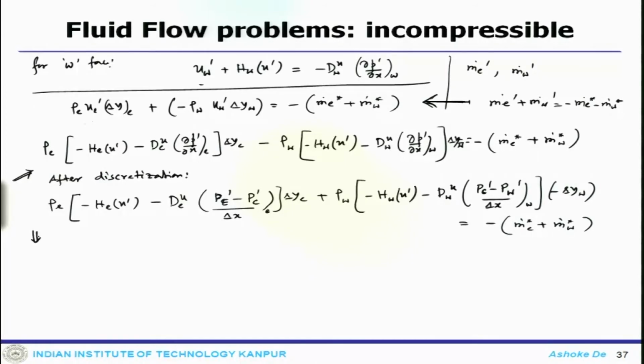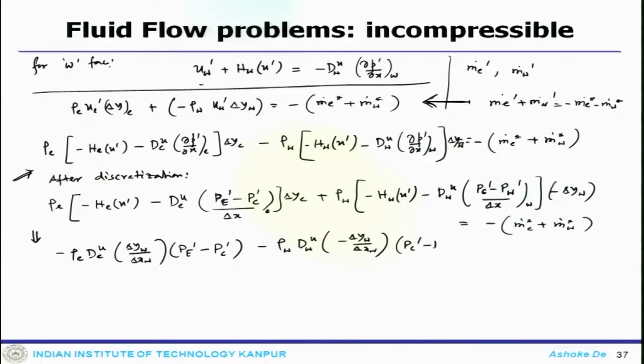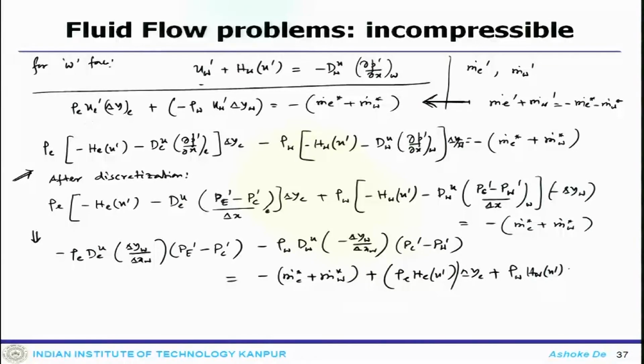So, you further expand this one and one can write rho e d e u delta y e by delta x e, p e prime minus p c prime, minus rho w d w u delta y w by delta x w, p c prime minus p w prime, equals minus m dot star e plus m dot star w plus rho e h e u prime delta y e minus rho w h w u prime delta y w.